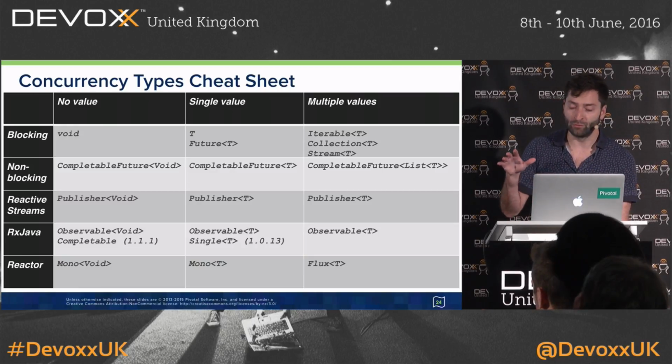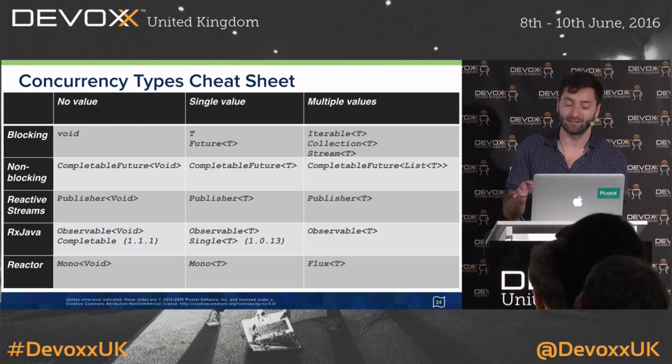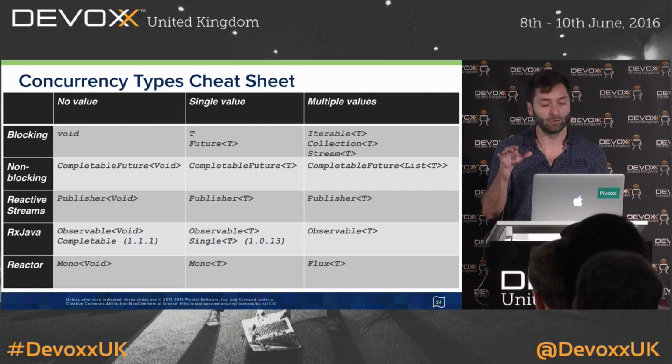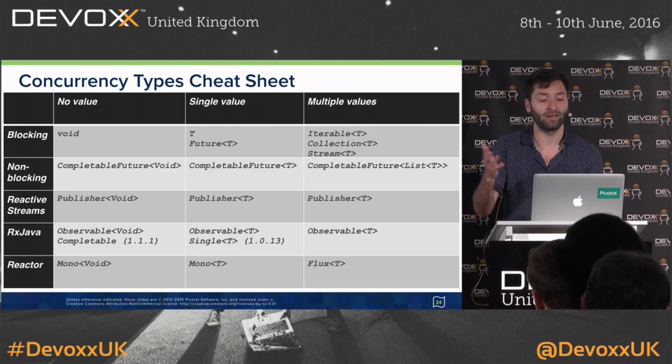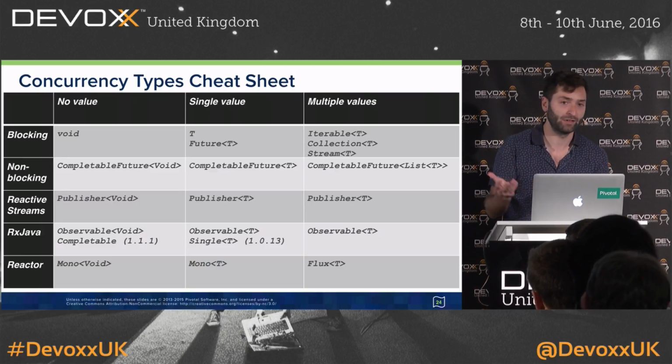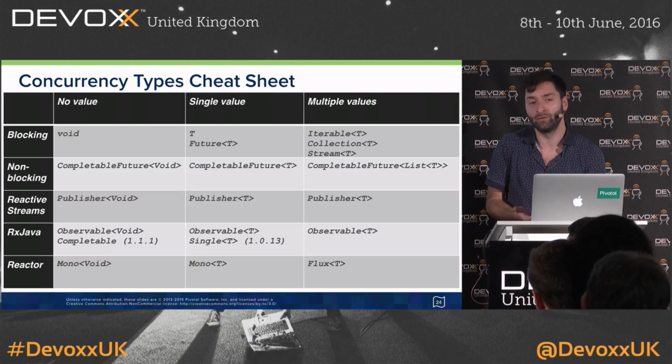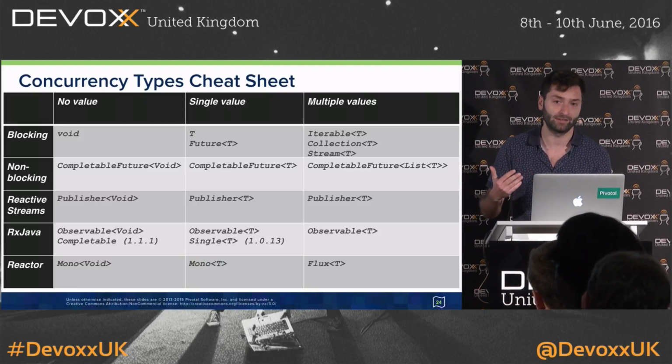The way we perceive things, at least, but I think it's shared as well, on the blocking side: at least we agree that for a blocking method without value, your method will return void. You have something that does processing and doesn't have to return a value, and that means inside it all the processing happens. It's not deferred.